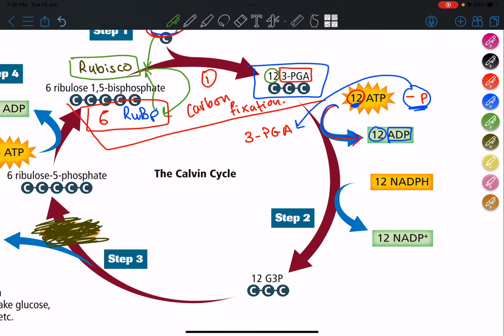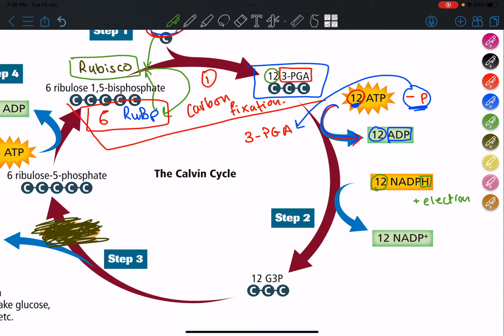Then the NADPH does the same thing. We have 12 NADPH. Well, what does NADPH give? It gives up a hydrogen ion and an electron.